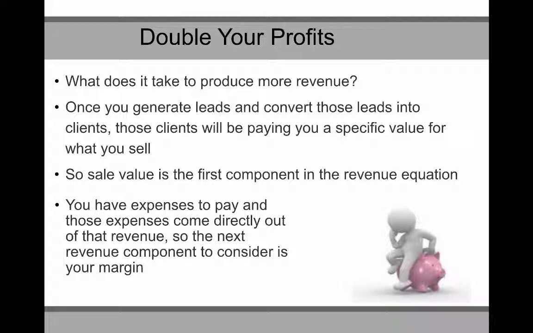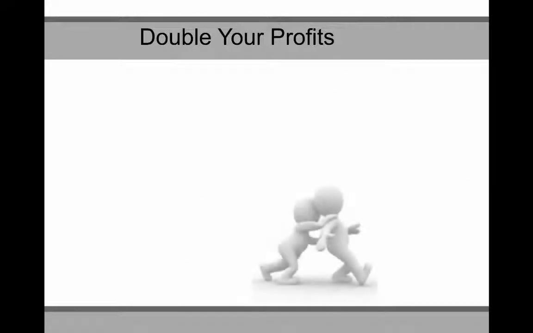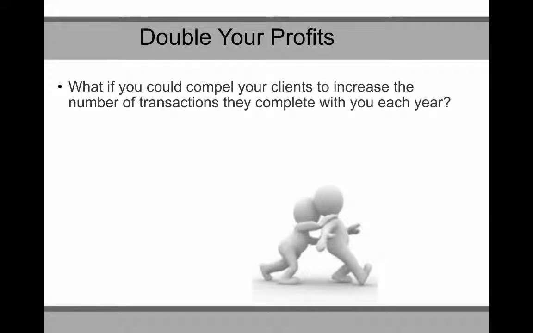But you're still not done. If your client only buys from you one time, you're right back where you started. Now you need to generate a new batch of leads and convert them into clients. What if instead you could compel your clients to increase the number of transactions they complete with you year after year? Now you have something to build upon.